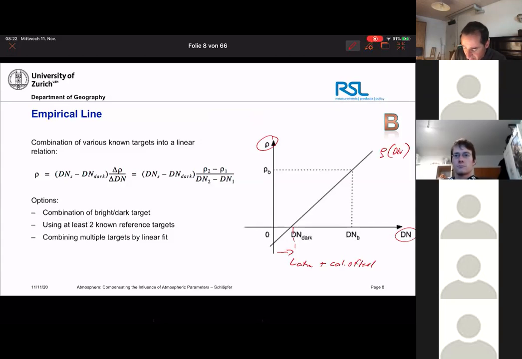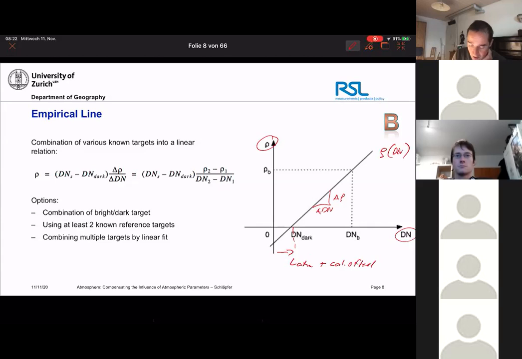And the second thing is that you need to define the slope of the line. So that's delta rho over delta DN. This slope has to be found somewhere, and this can be found by two targets.